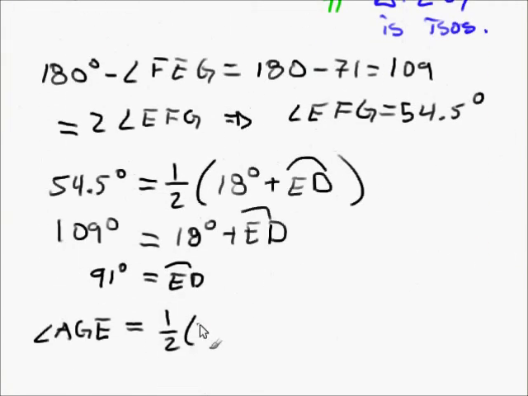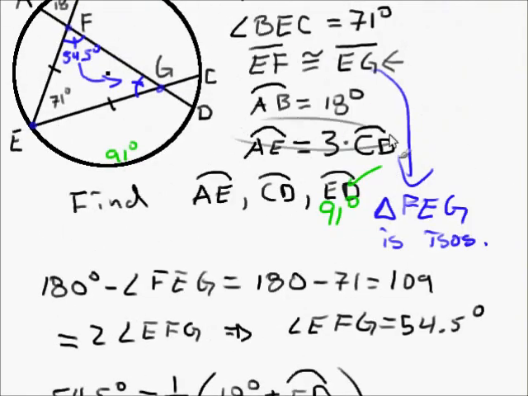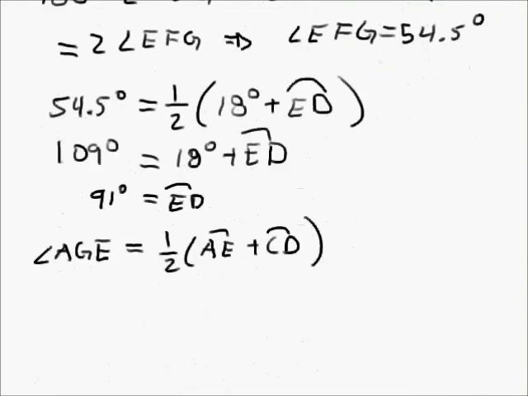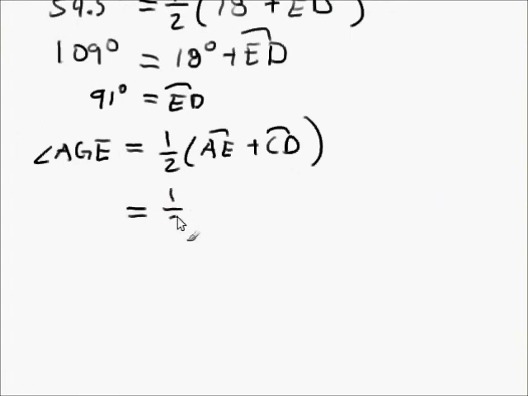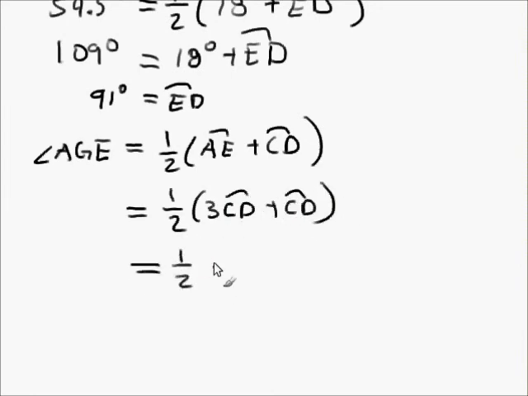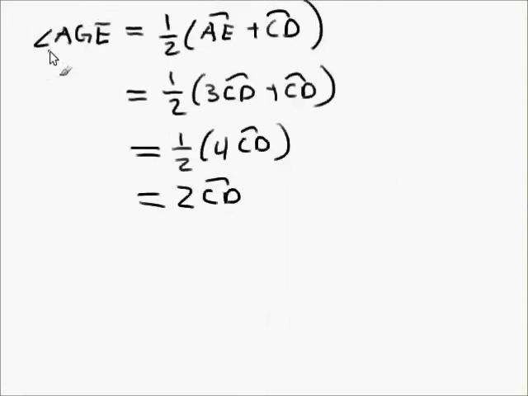That's what we're looking for. Remember what we were given here? We're going to use that now. I can replace AE with 3 times CD, plus CD. That's a grand total of 4 times the length of arc CD, times 1/2. That's 2 times the length of CD, and that's equal to angle AGE.